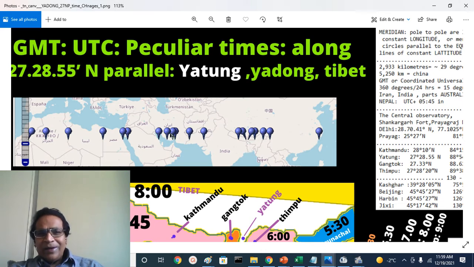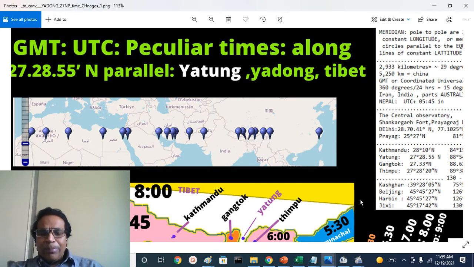Then Iran we entered, which is 3.5 hours ahead of GMT. Then Afghanistan you get 4.5 hours. Then you go to Pakistan 5 hours, then you go to India 5.5 hours, then you go to Nepal 5:45, then you go to Burma 6:30, then you go to Thailand and Indochina, that is Vietnam, 7 o'clock, then you go to Singapore somewhere here 8, or China 8, you enter into Korea, that is 9, you enter into Japan, that is 9 again, that is almost Central Australia, and leave East Coast Australia maybe 10.5, I don't remember.